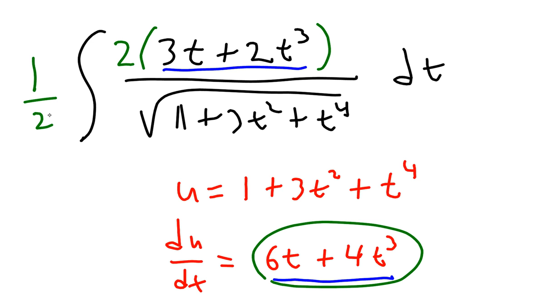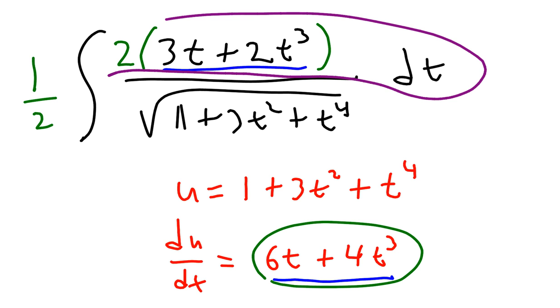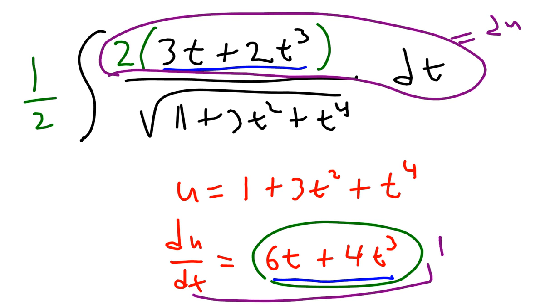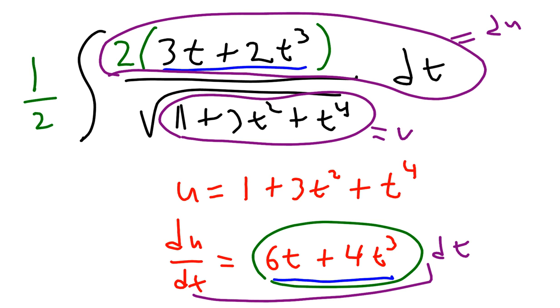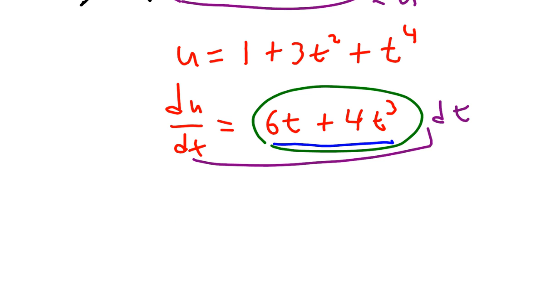We can see that this whole thing on the top is really du, because I can multiply by dt over here. And then this expression in the bottom is just going to be u. So here we go. Let's do that. We end up getting 1/2 the integral of 1 over the square root of u du.